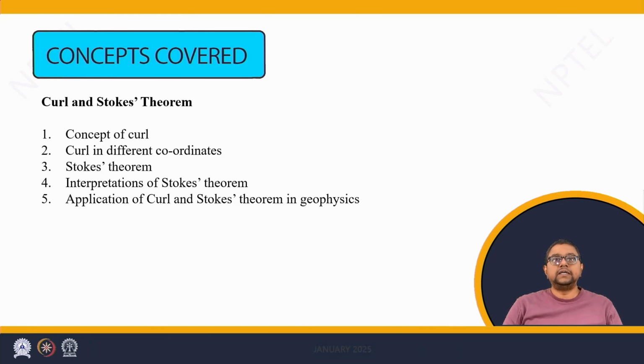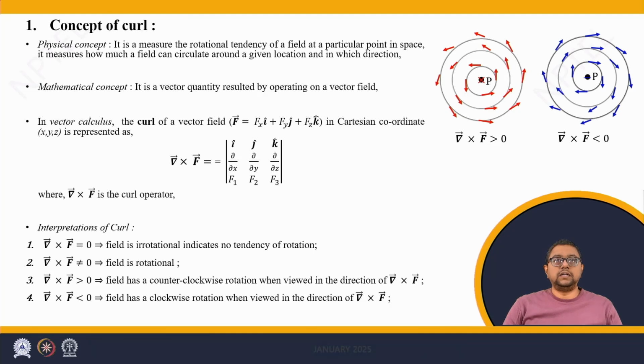So let us begin. What is a curl? The physical concept behind the curl is the requirement to measure the rotational tendency of a field. The rotational tendency of the field can be understood with the help of the adjacent diagrams. In this diagram, you can see that the field lines circle around a given point P. The direction of the field lines is indicated by the red arrows.